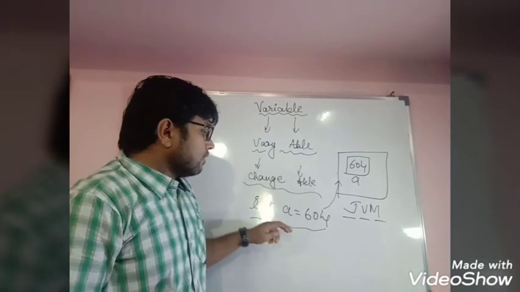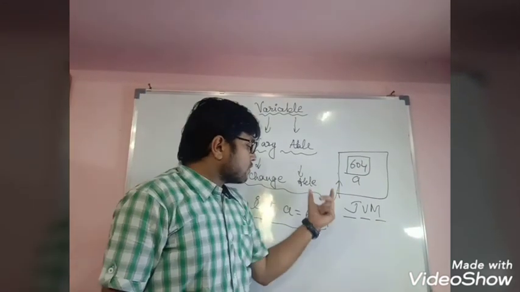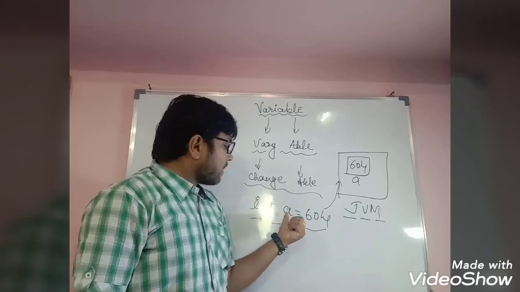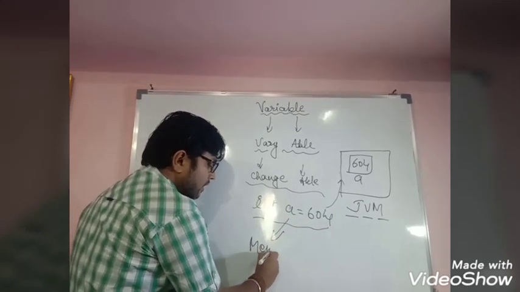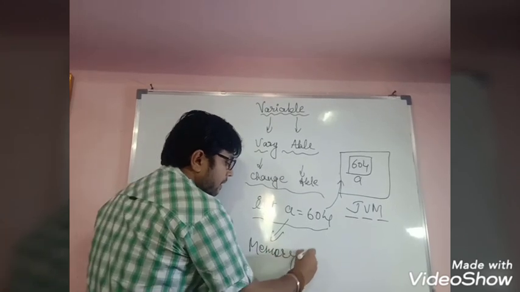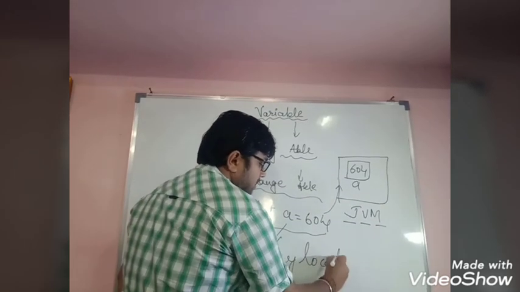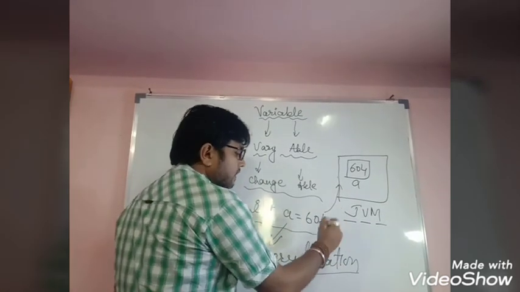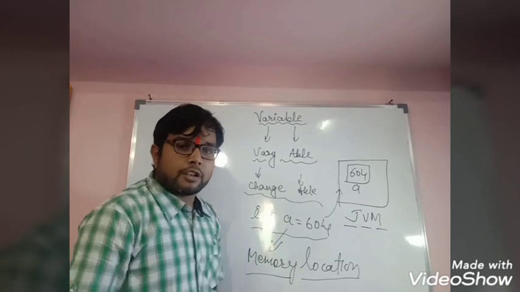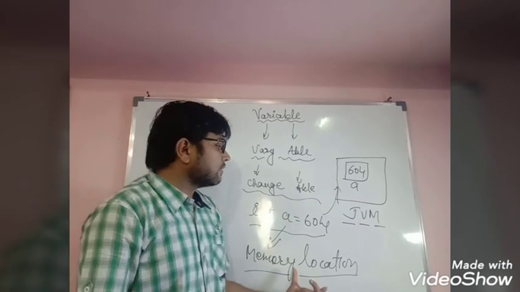Now what is the use of this variable? This variable is a memory location. You can say that a variable is a memory location whose values can change according to condition. Now how is its value changed?